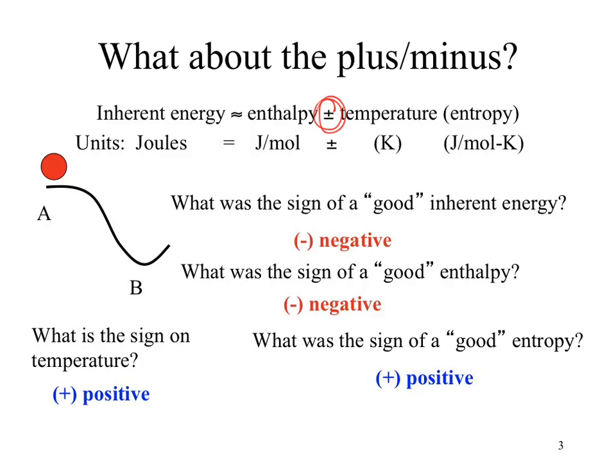So if we take our inherent energy and said that was negative, we said our enthalpy wanted to be negative, and we said our temperature was going to be positive. I don't know why I circled that. And we said our entropy was also positive. What does the sign have to be between those two terms to give us the most favorable reaction possible?